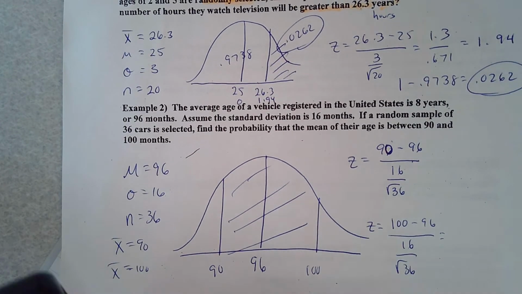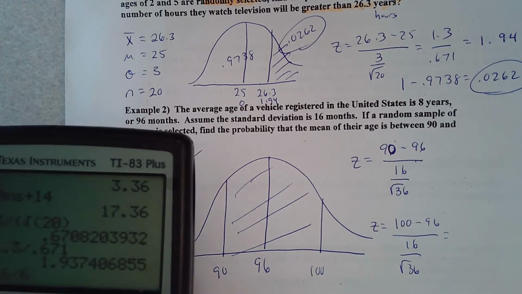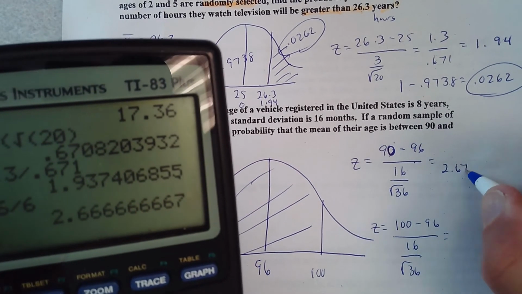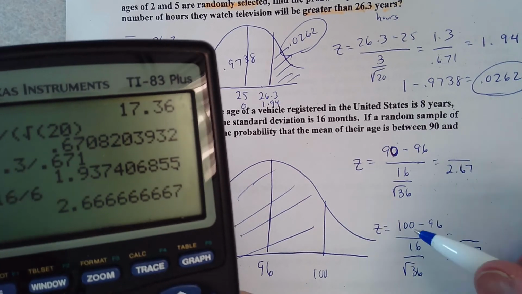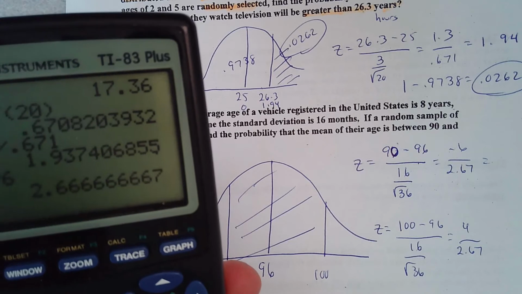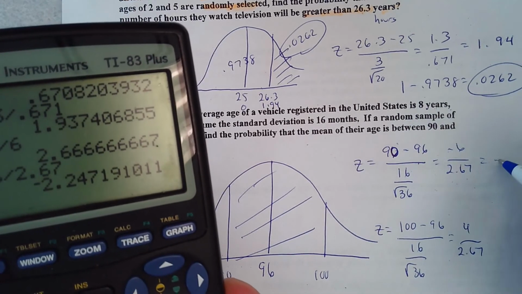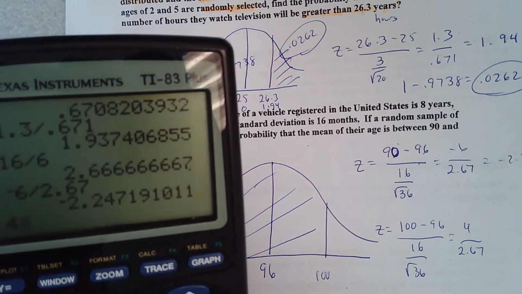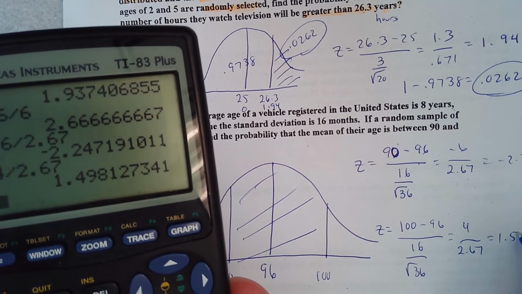The square root of 36 is 6, so I'm just going to do 16 divided by 6. The denominator is going to be 2.67, so write it for both. Save yourself the time. The difference there is 4, and the difference there is negative 6. So negative 6 divided by 2.67 is going to be negative 2.25, and 4 divided by 2.67 is going to be a positive 1.5.